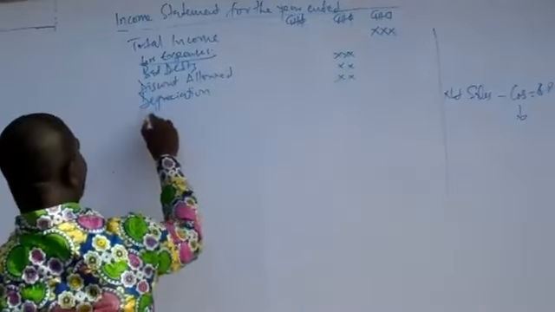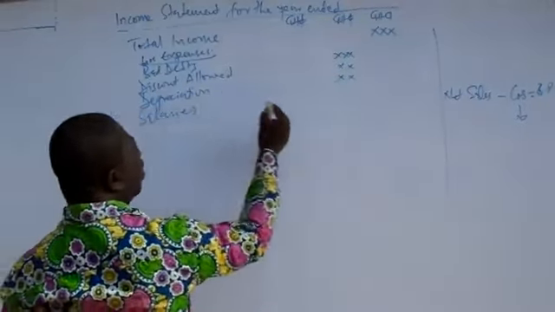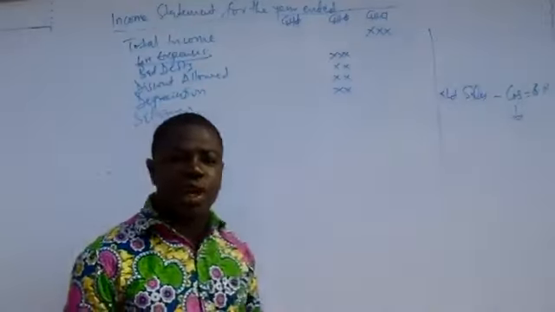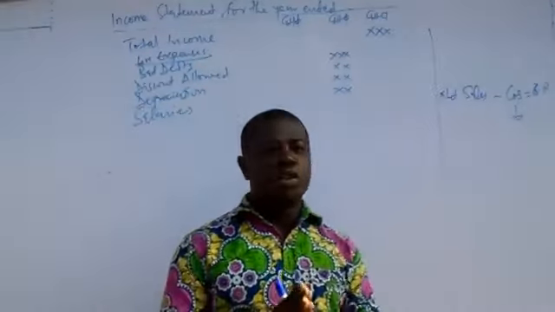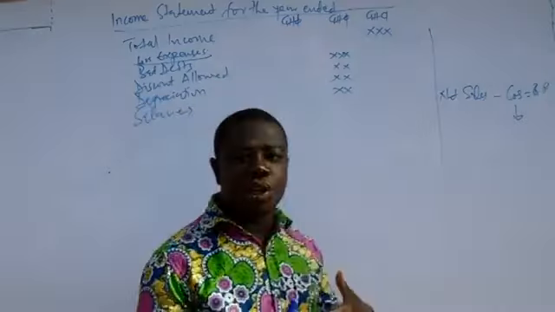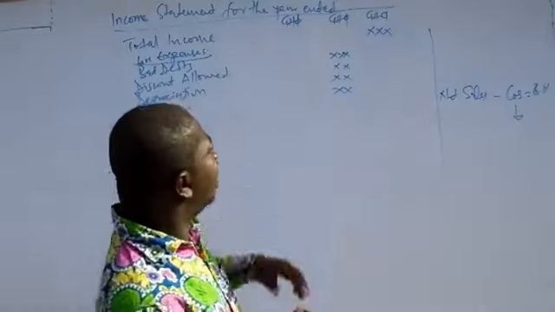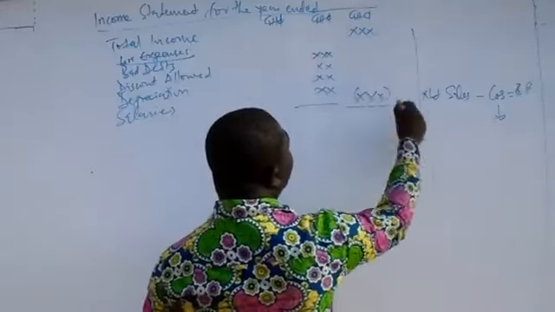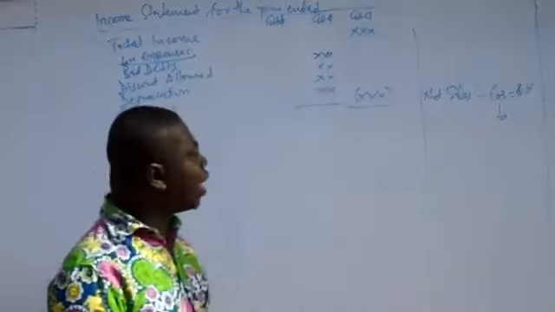We can think of salaries as an expense. And then there are a whole lot of expenses that we are going to meet. And so let's assume that these are the 4 expenses that we incurred as a business. We add them up, and then we bring the total here to match against the total income.